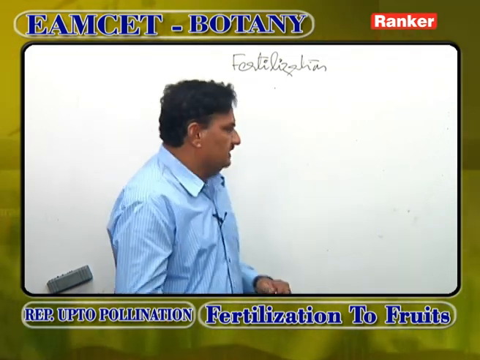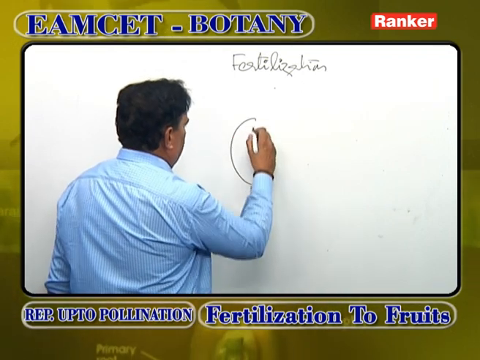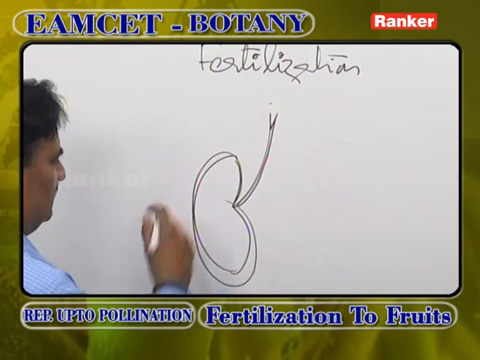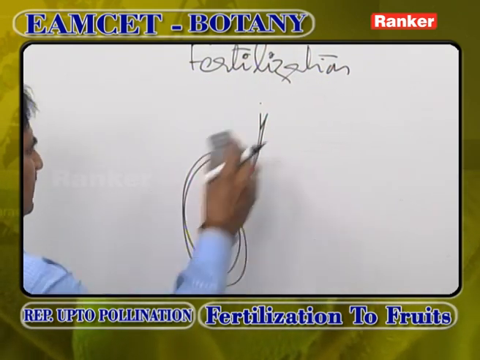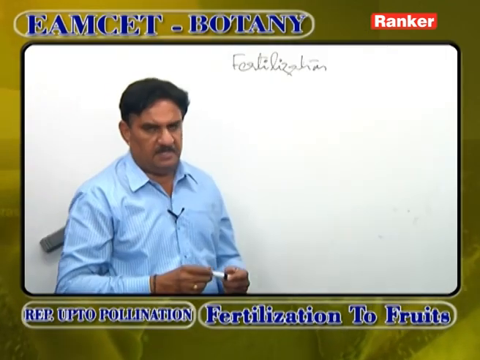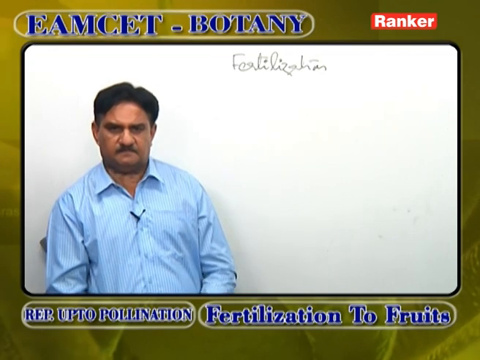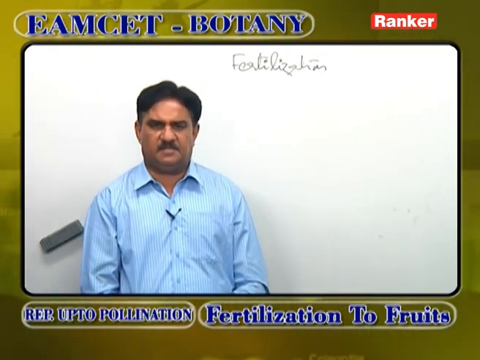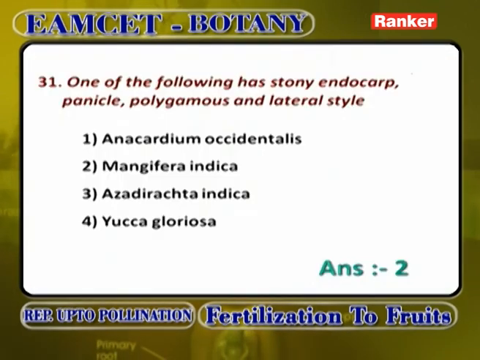And lateral styles: in Mangifera indica, the style is always present on the lateral side. And the fruit is a drupe, a stony fruit. In drupe, the outer epicarp is thin and leathery, the mesocarp is very juicy and fleshy, and the endocarp is very hard. So stony endocarp, panicle inflorescence, polygamous flowers, lateral styles are all found in Mangifera indica.